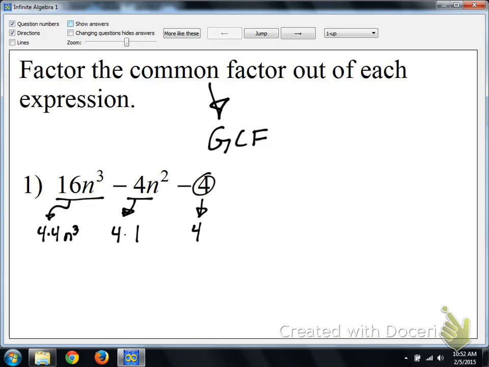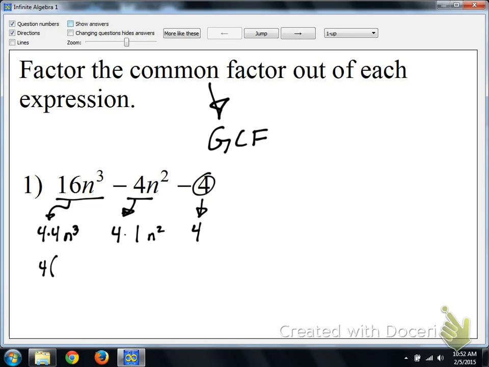So clearly there's a 4 in each one. The second term is n squared, and the last term does not have n's. Now I ask myself about the numbers first. What number is a factor in all 3 terms? 4, right? You're already good at this. And what letter is in all 3 terms? None. We have n, but it's not in the third term, so it's not a factor.